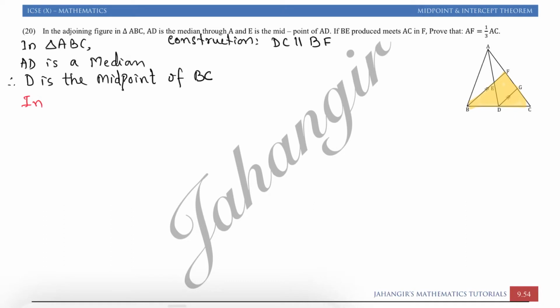In triangle BCF, we have D as the midpoint of one side of a triangle and a line is passing through the midpoint of one side of a triangle and it is parallel to the other side. So I can say this G is the midpoint of FC. So D I had already written midpoint of BC. I can write DG is parallel to BF by construction.